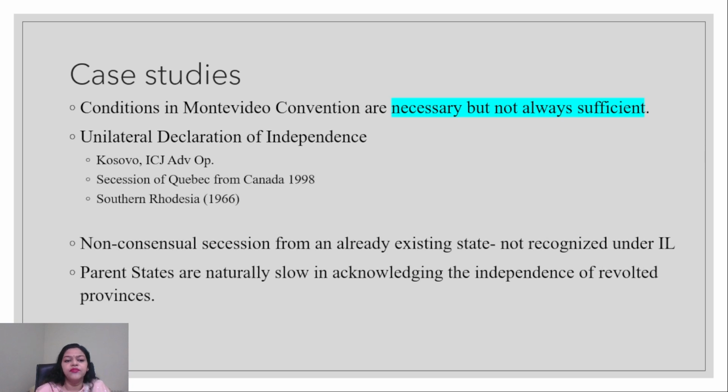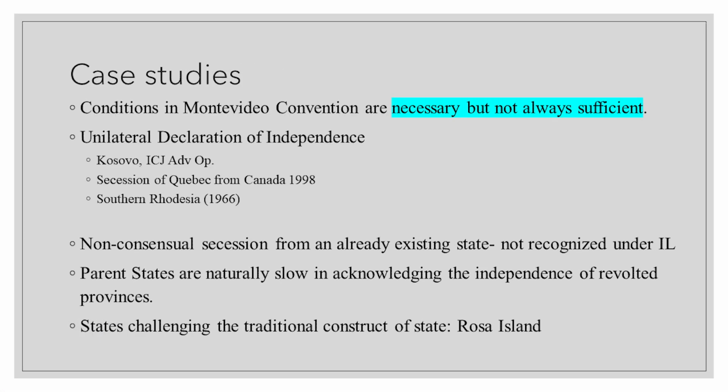But before that, because the case studies are varied, we should first note that the conditions that we read from the Montevideo Convention 1933, the prerequisites, are important if we talk from the perspective of international law. So legally speaking, those conditions are important, but these are not always sufficient.